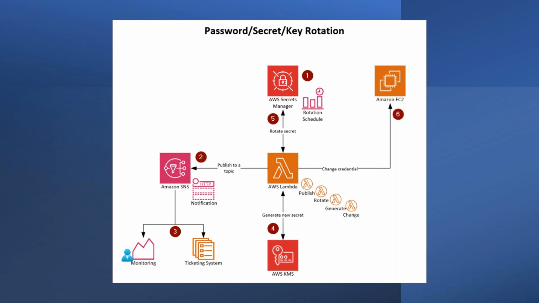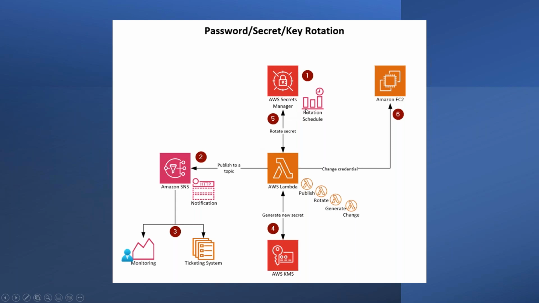Lambda is a compute service that runs your backend code in response to events. It could be written in different programming languages such as Node, Java, C#, Python. It is code agnostic in this case.